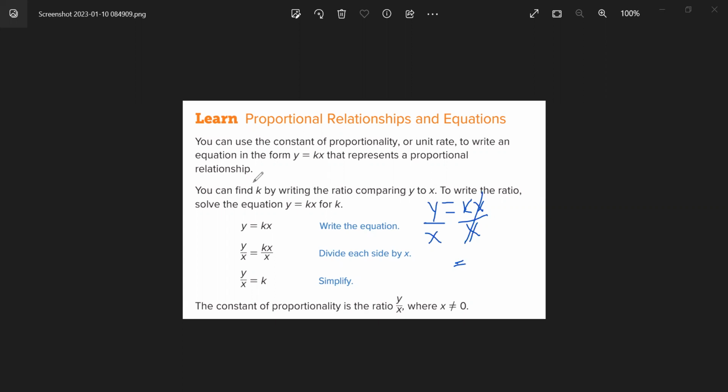So on this side, we only have k left. And on this side, we have y divided by x. So the constant of proportionality is the ratio of y divided by x, where x is not 0. Let's see how it works. Let's see an example of this.